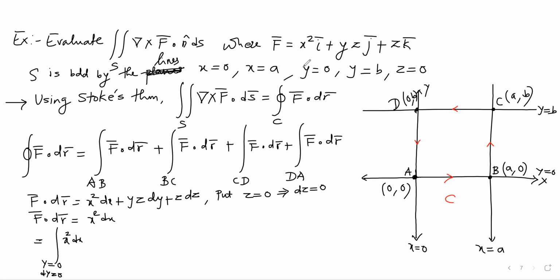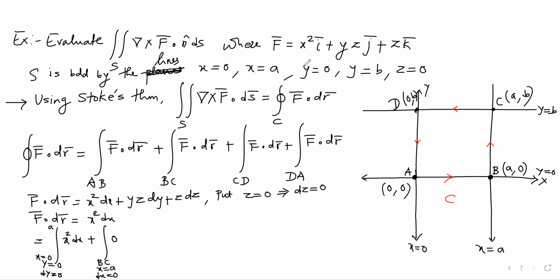What are the limits of x? We are getting 0 to a. So x is from 0 to a. Next integral is along BC. That is, you have to put x equal to a and dx is 0. So I'm getting the integral as 0.